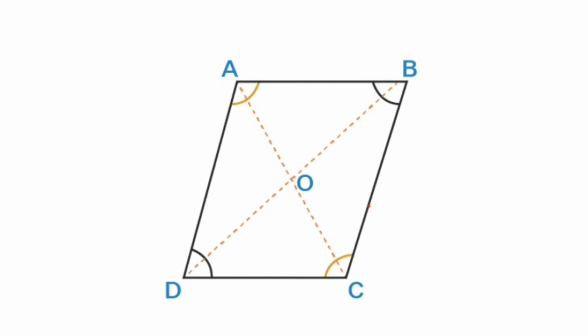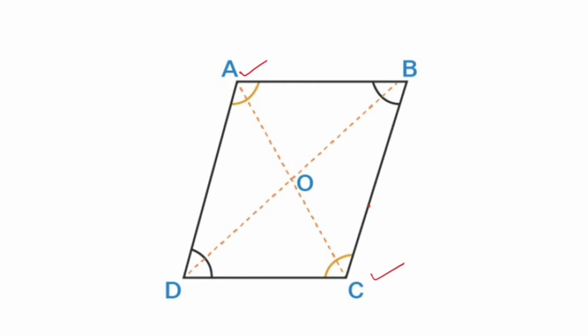You see, here is A and here is C. The line segment AC joins the vertices A and C. Same with vertices B and D. BD is the line segment joining the vertices B and D.